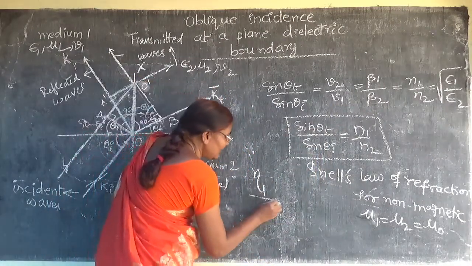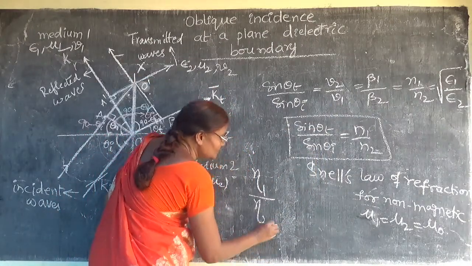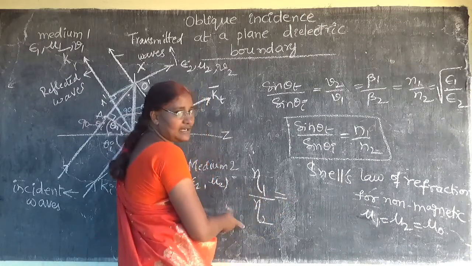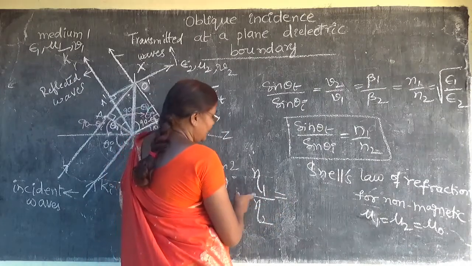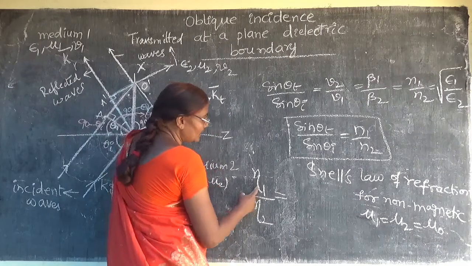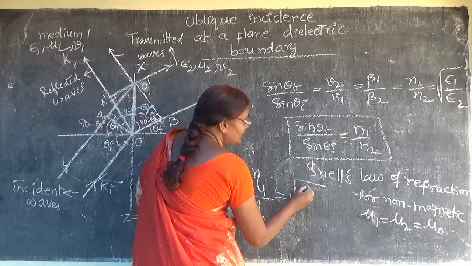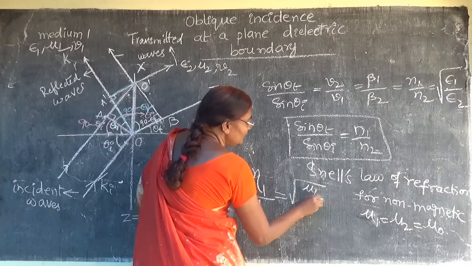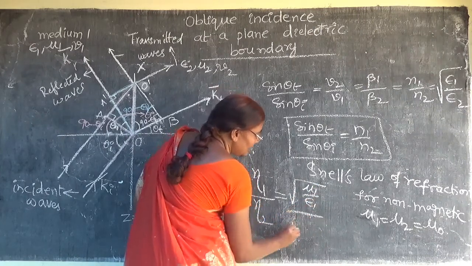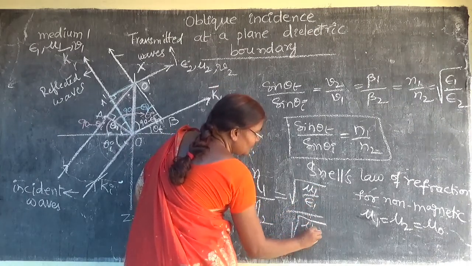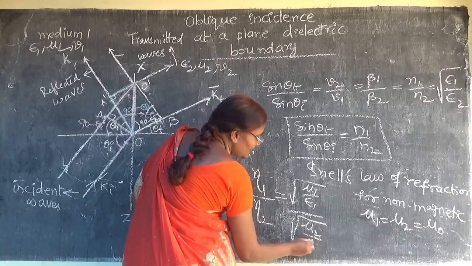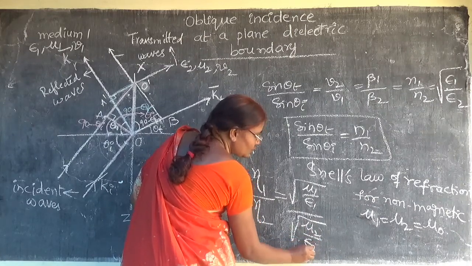So eta 1 by eta 2 is the ratio of the intrinsic impedances of the media, which is equal to root of mu1 by epsilon 1 divided by root of mu2 by epsilon 2.